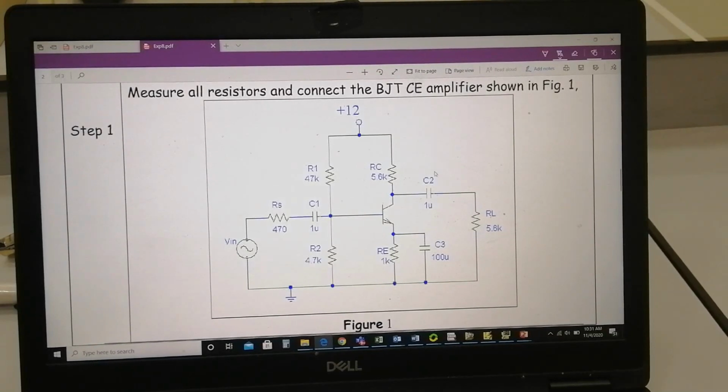The coupling capacitor was reduced from 22 micro to 1 micro. The emitter capacitor now is 100 micro, and our load is now 5.6K, keeping the same R1 and 470. The bias voltage source is 12 volts, no longer 15. It was adjusted, so there are changes in our circuit.